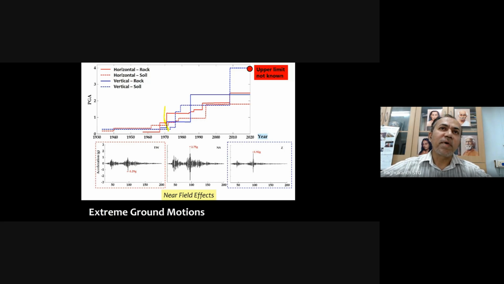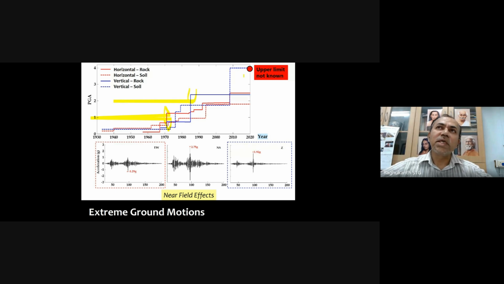Suddenly in 1971, the San Fernando earthquake occurred and gave a PGA of 1g, one times gravity. Then in 1984, one more earthquake occurred where the PGA exceeded 2g. And in 2009, in Japan, there was a magnitude 7 earthquake where around 4g was observed.